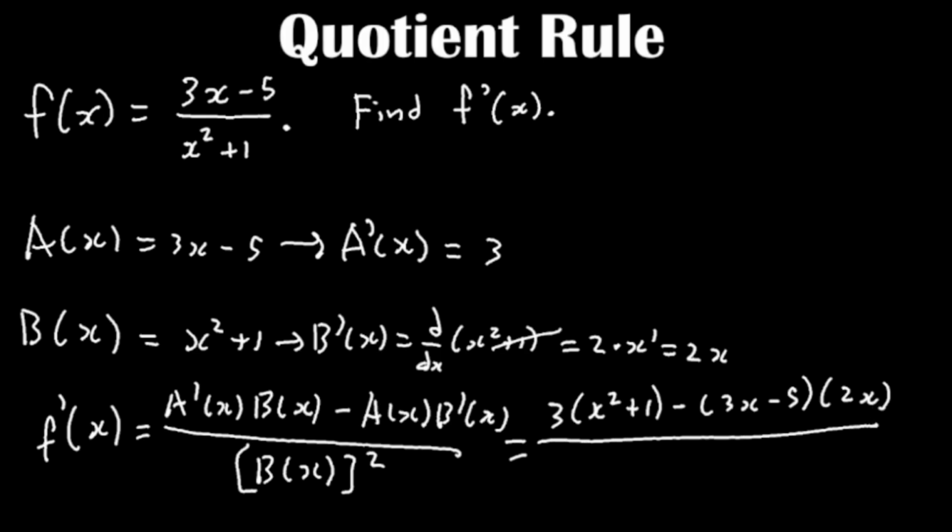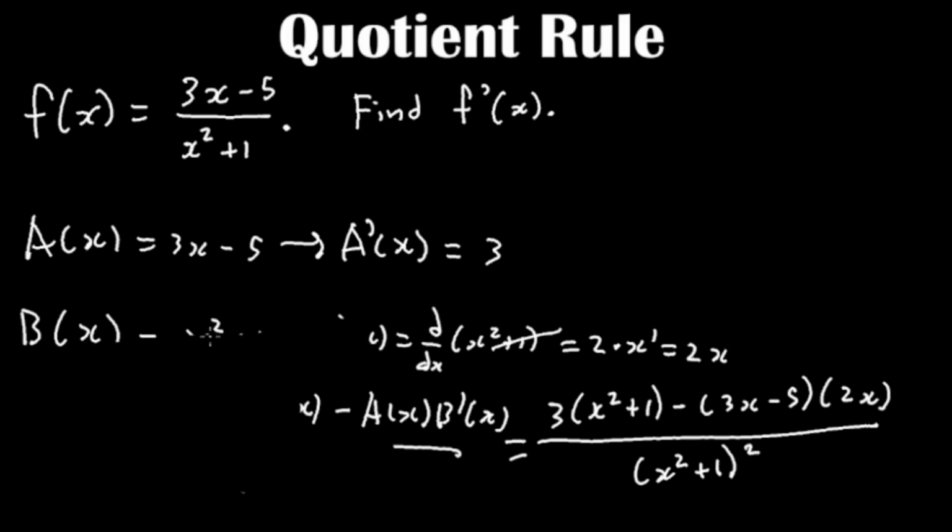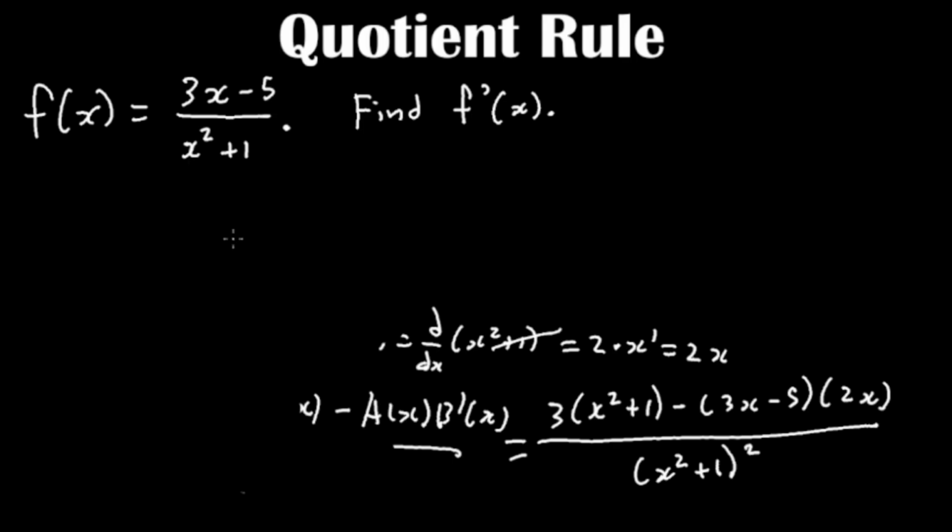All divided by, we square the thing in the denominator. So b of x squared, that's x squared plus 1, whole thing squared. So yeah, you could expand this out. Actually, I'm going to do that just to simplify a little bit. I'm erasing to get some room.